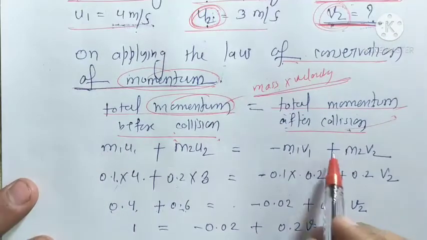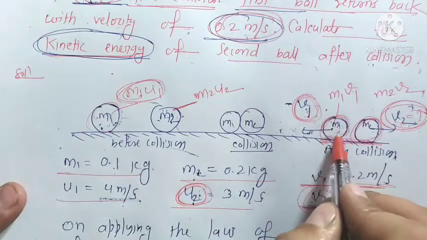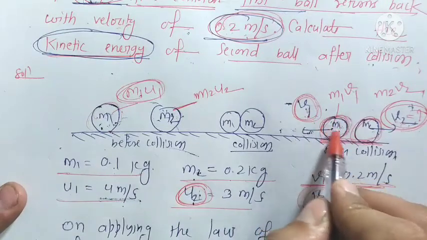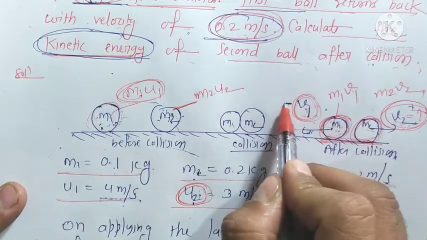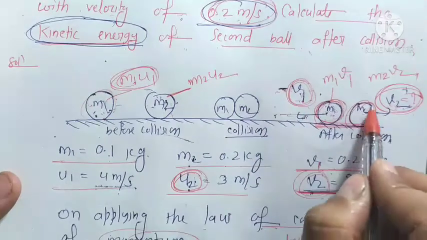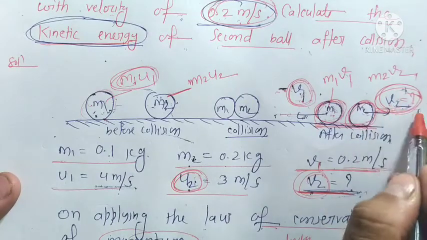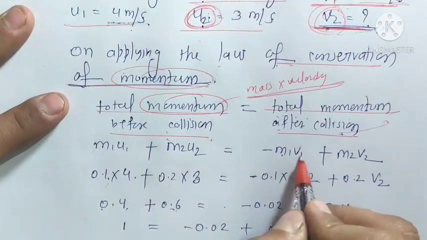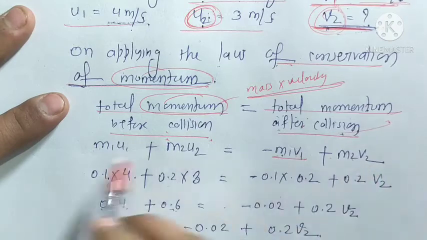Here you see that the first body moves with velocity v1 in the opposite direction, so we take a negative sign, and the second body moves with velocity v2 along the positive direction. So here we put minus m1 v1 plus m2 v2.